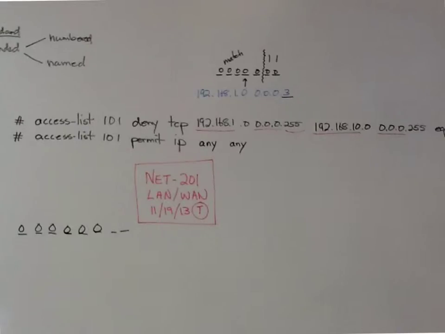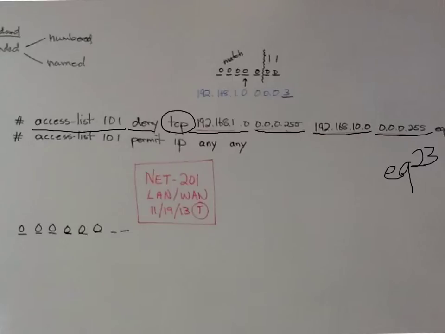Slide, we'll take a look at the access list. You can't quite see all of it here, but here at the end we said equal 23. So we created an access list 101, deny TCP traffic from this network with this wildcard mask going to this network with this wildcard mask.